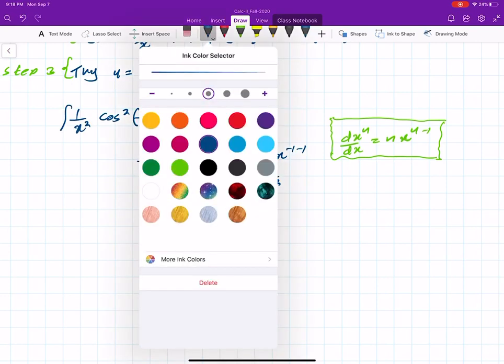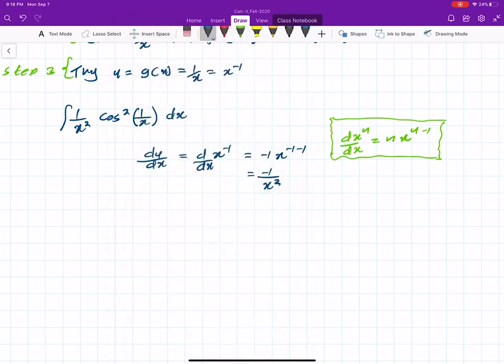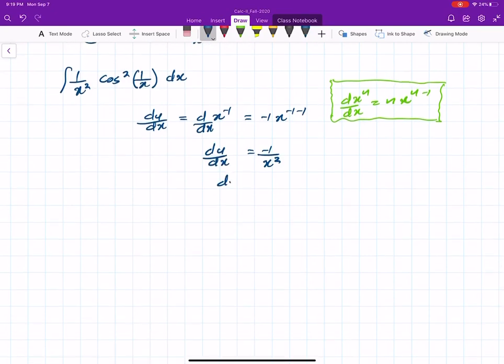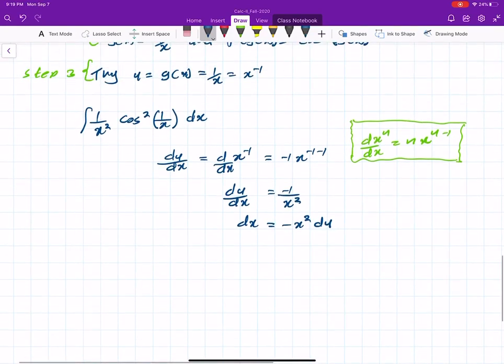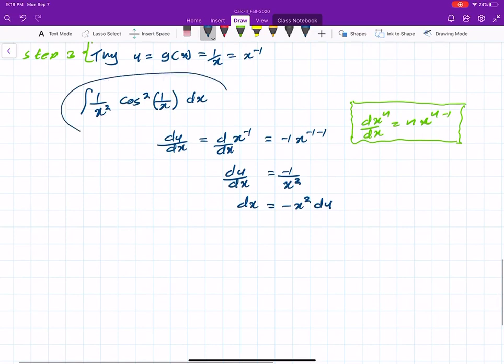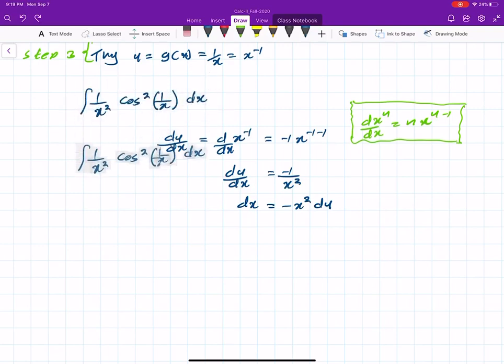This is du over dx. Now you do the cross multiplication and solve for dx, which is minus x square du. Okay, now I'm gonna substitute into this problem. All right, so let me get that down. It is convenient if I get that down.